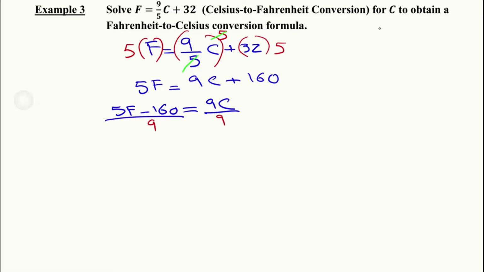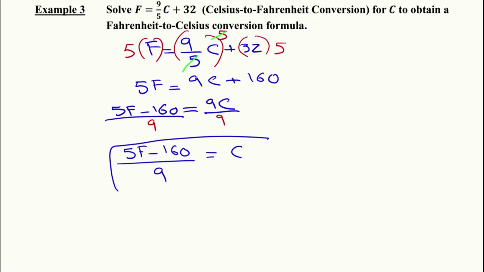So we end up with c equals 5f minus 160 over 9.